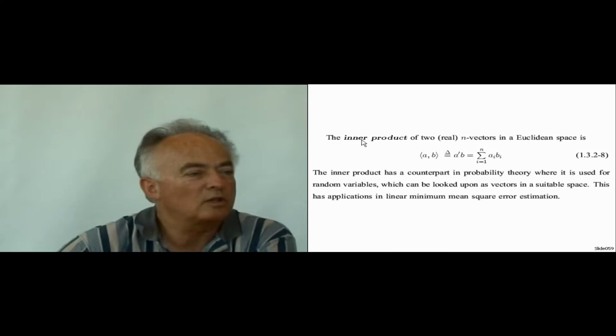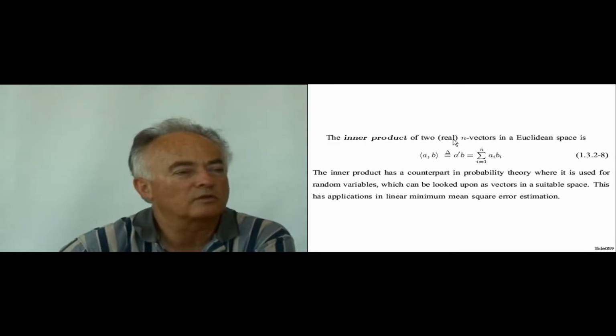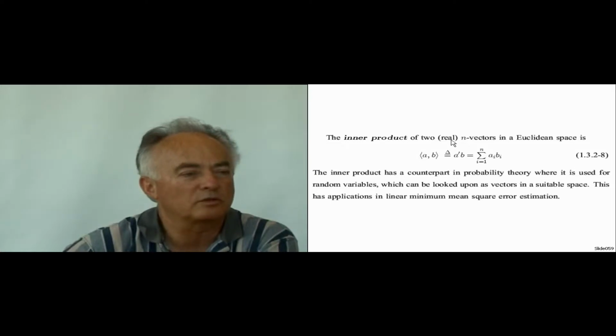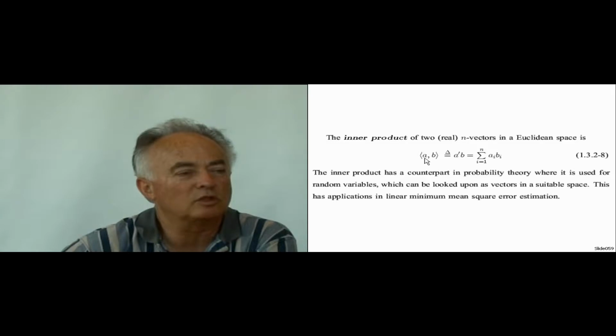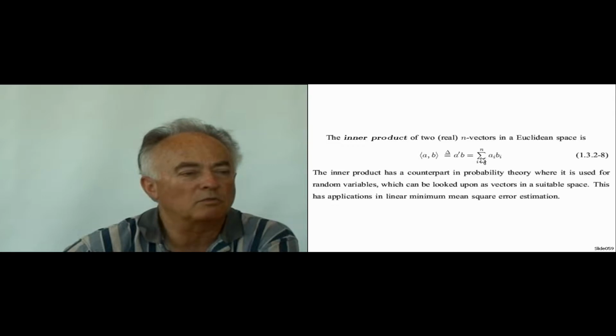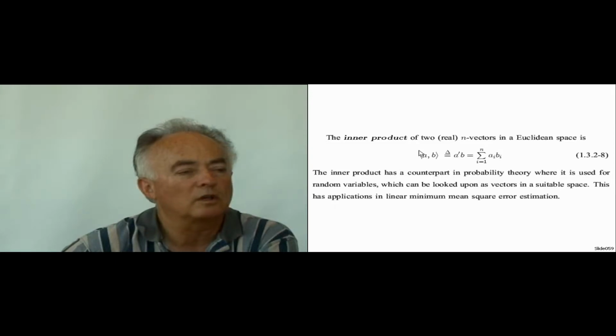The inner product of two n vectors, and we take them as having real components, in a Euclidean space is denoted by this notation. Inner product of A and B is A prime B. So A is a column, A prime is a row, B is a column, and this is the sum of Ai Bi. They must have the same dimension, and it is a scalar, obviously.